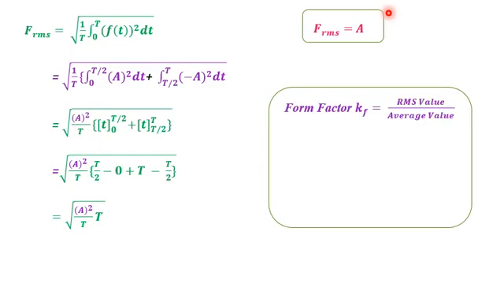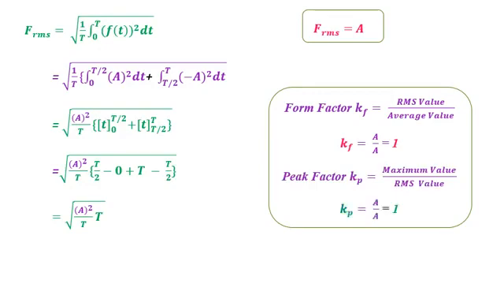So form factor, that is RMS value by average value, will be equal to A by A equal to 1, and the peak factor, that is maximum value by RMS value, is also equal to A by A, it is equal to 1.